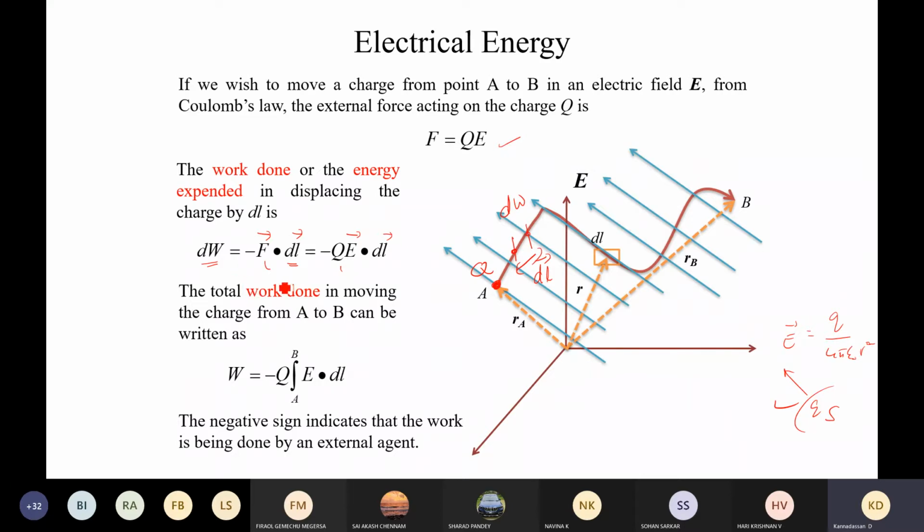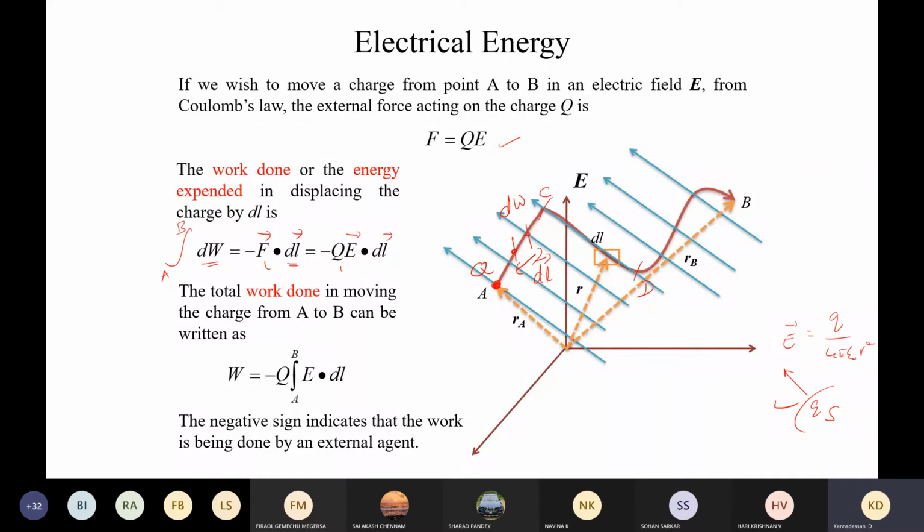Now we have to integrate this entire thing from A to B. The advantage of this particular method is that we can integrate a number of times. Assume that I divide the path with point C, then point D, like that. Then I can calculate from A to C, C to D, D to B. Three integrations I can perform.